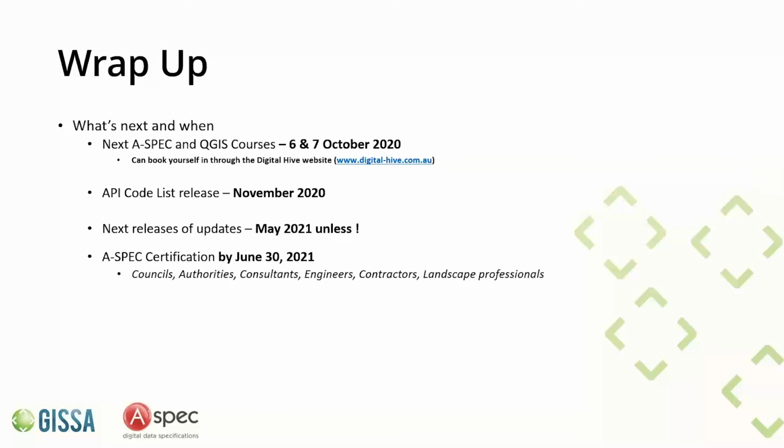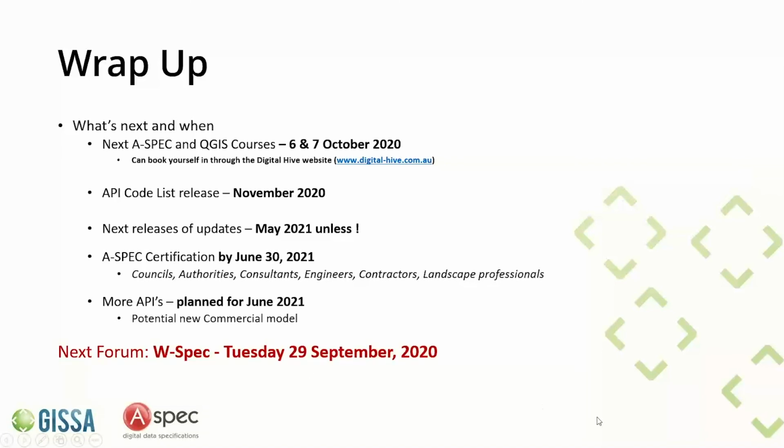So we'll make that decision following the completion of our series, which is culminated by the October 13th event. A-SPEC certification by June 30, 2021. We will have a draft in place of how that's going to look and what's going to be undertaken. More APIs planned for June 2021.